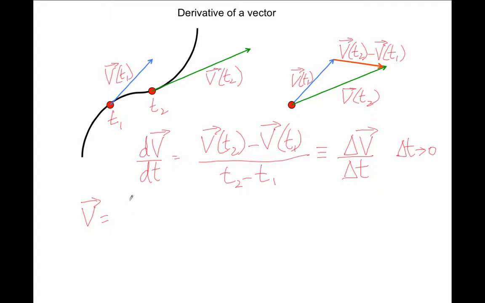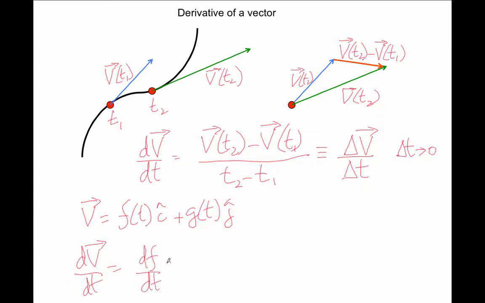So this vector, which is f of t i plus g of t j, can be differentiated using the principle that I just discussed over here. That is to say, we take 2 slightly different times, in which case what we'll have over here is df by dt times the unit vector i plus dg by dt times the unit vector j.